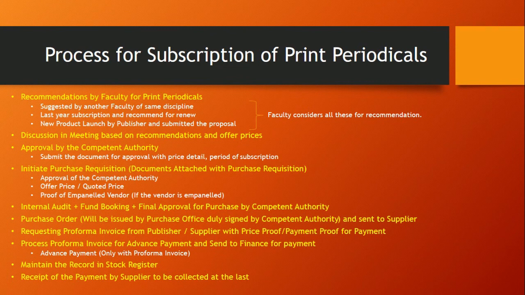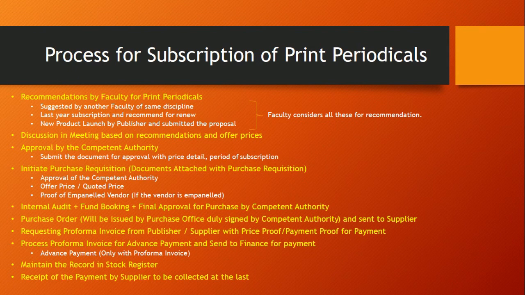In case of book purchase, we place the order for recommended books, we receive the book and invoice together, and we make the payment at the end. But in case of print periodical, we make the payment in advance and we keep receiving the different issues throughout the subscription period.